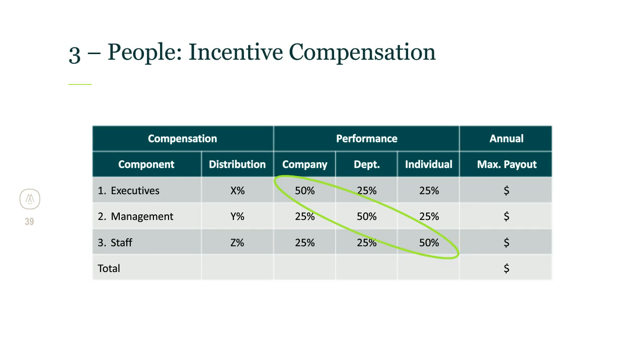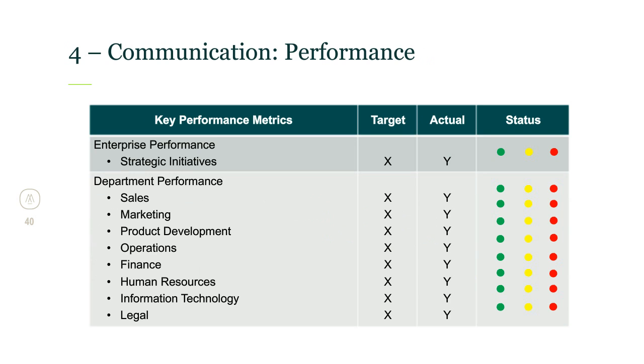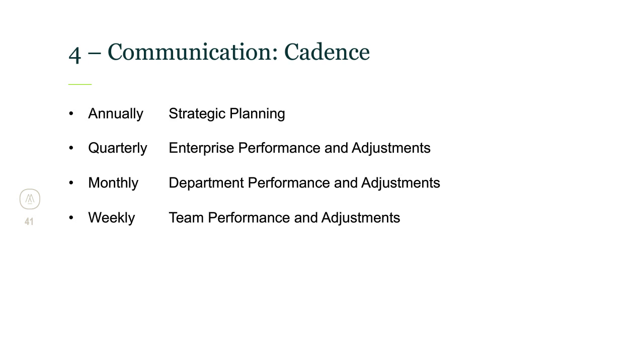Okay, and then I'm going to wrap up quickly here with communication, and that is, again, thinking of quarterly or annually or semi-annually communicating how you're doing as an organization against your plan, your target, your actual, so that your workforce understands how you're doing. You can use a simple green, yellow, red to keep them on track, and have some kind of communication cadence or rhythm.